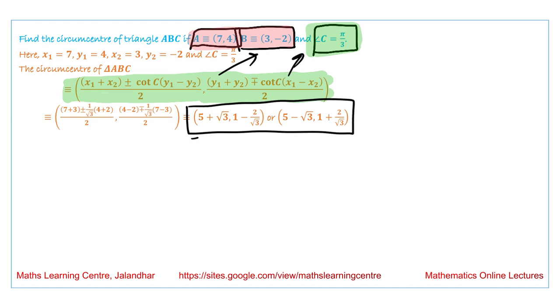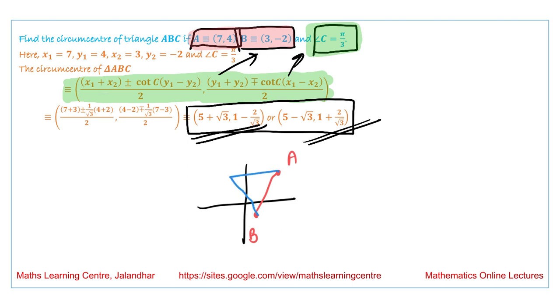we are saying either this is the circumcenter of the triangle or this is the circumcenter of this triangle. So in this case we are getting two circumcenters. This is the coordinate plane we are talking about, with a point 7, 4 and a second point 3, minus 2. This is the point A, this is the point B. So we can have two triangles over here.